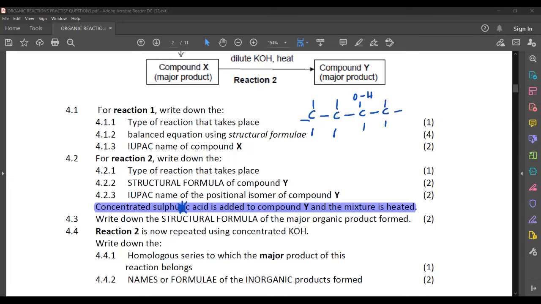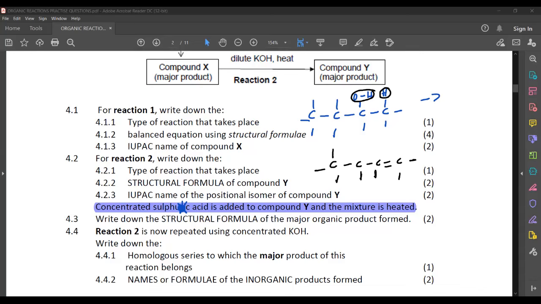In a reaction of an alcohol in the presence of concentrated sulfuric acid, that reaction is dehydration. So in other words, we're going to remove an OH and an H. So the major product becomes like this, with the double bond there.